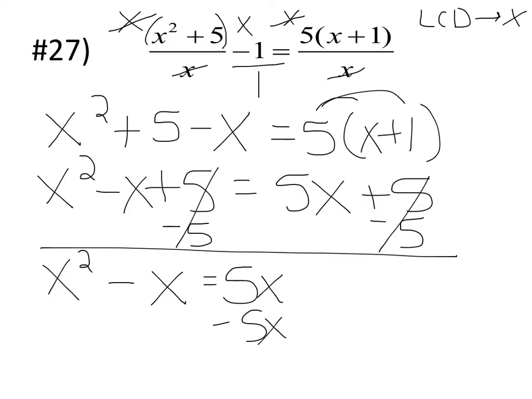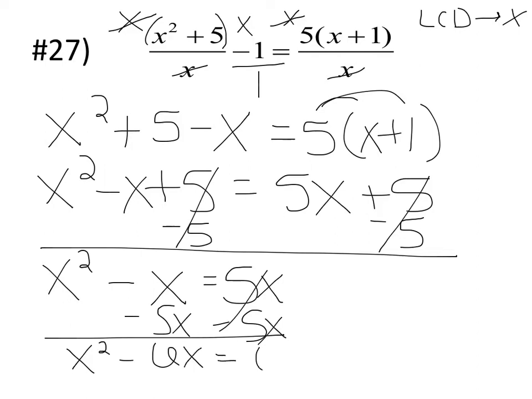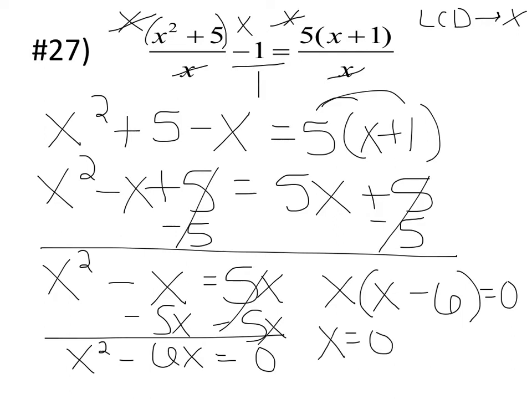So I'm going to subtract 5x from both sides, and you get x squared minus 6x is equal to 0. In order to factor that, you're just going to factor out an x, leaving you x minus 6 is equal to 0. So then your answers are going to be x equals 0, and x minus 6 equals 0.